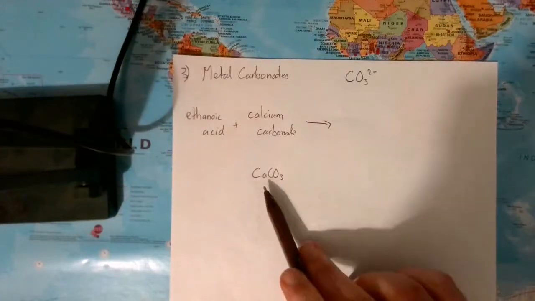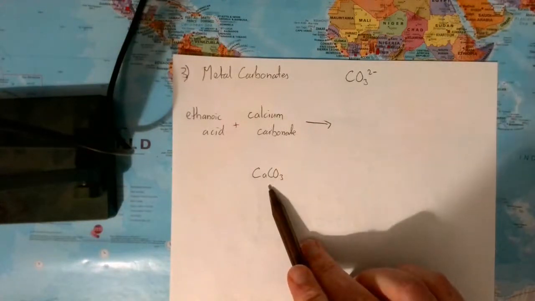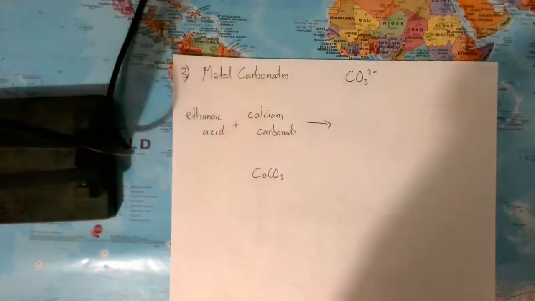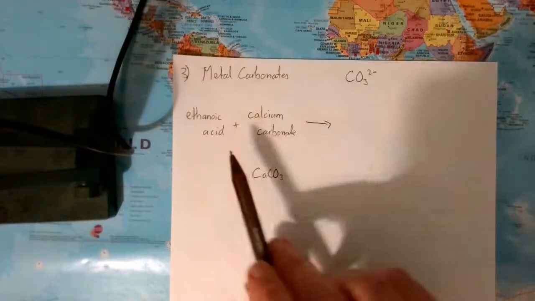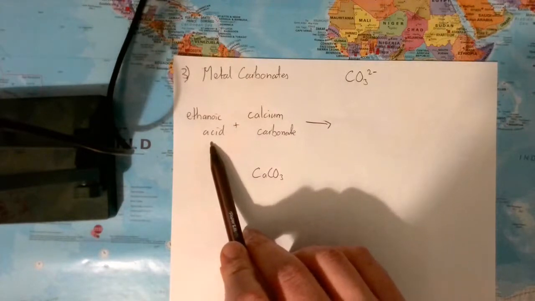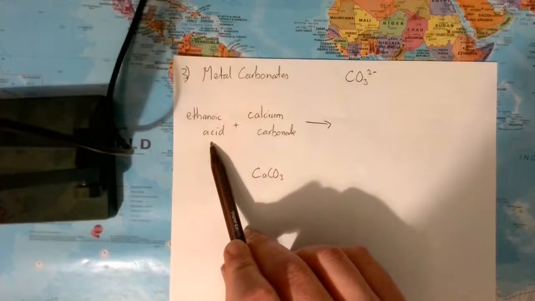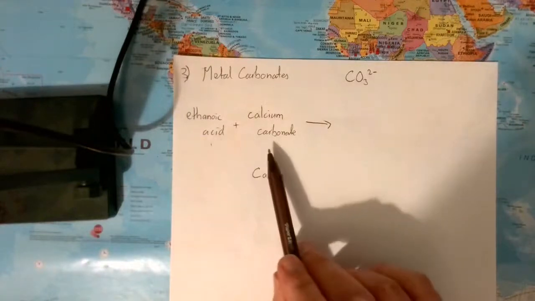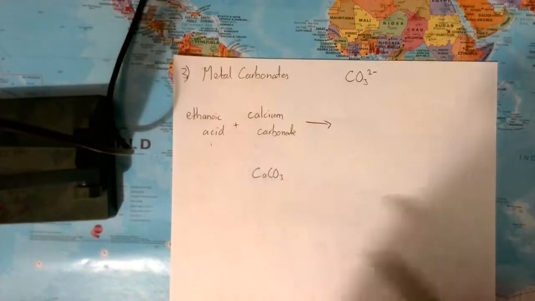You've just got to try and remember that you saw carbonates in the paper 1 topic of acids. You can, if you seek parents' permission, try this experiment, or you can go to YouTube. Ethanoic acid is vinegar, and if you Google vinegar and baking powder, baking soda, you'll get a combination of carbonates that people can react with this.